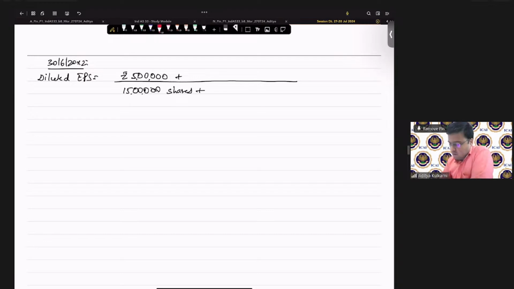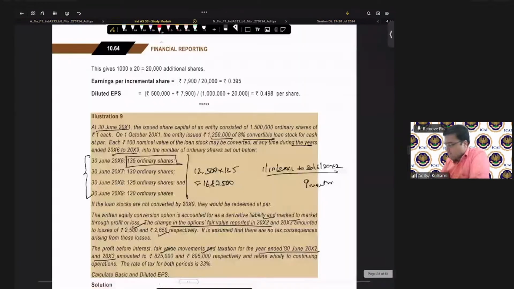Okay. So now let us start. When I avail the conversion, the immediate saving that happens is on the interest. So interest will be saved. So how do I compute the interest saving? 12,50,000 into 8%.